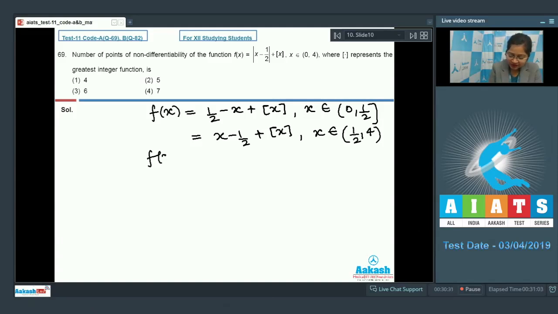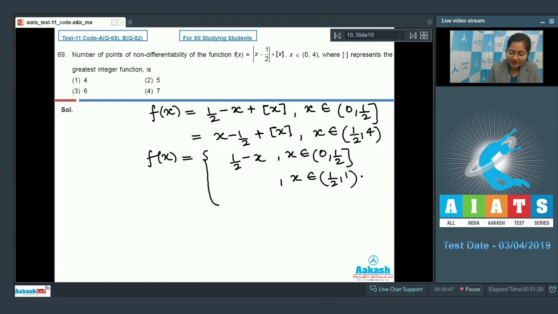So we can say that f(x) will be equal to, when x goes from 0 to half, greatest integer of x will be equal to 0. So this will be half minus x. And when x goes from half to 1, then also greatest integer of x will be 0. So it will be x minus half.